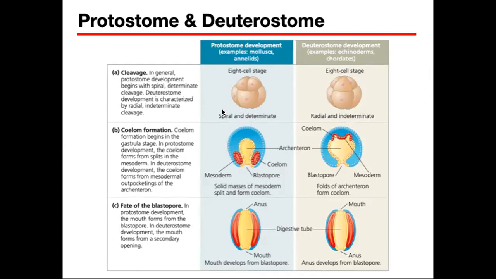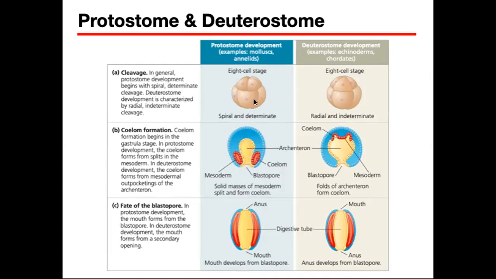Okay? Spiral is called spiral because the cells in the upper quadrant do not exactly fit with the lower quadrant. Determinate and indeterminate has something to do with the fate, the outcome of the cells.